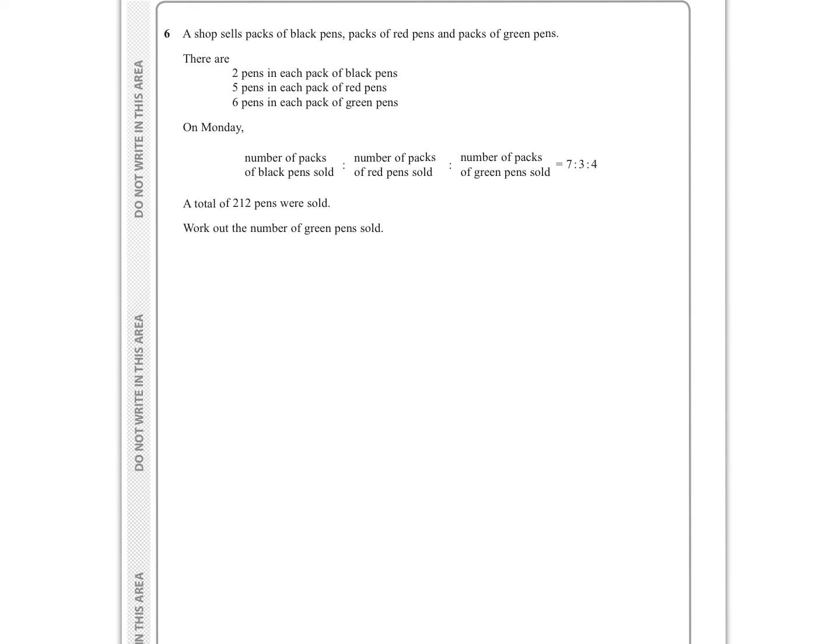Question 6. A shop sells packs of black, red and green pens, and it gives you some information here about how many pens are in each pack. So we've got the black pens, there's 2 in each pack. And the red, there's 5, and the green, there's 6.